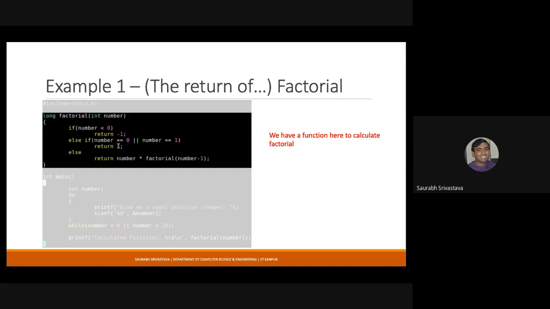This is how you define a problem in terms of divide and conquer: at each step you reduce the size of the problem, and then there is some kind of a base case. When your problem becomes extremely small, the answer is trivial, you can directly solve it, and then you construct the solution bottom up.